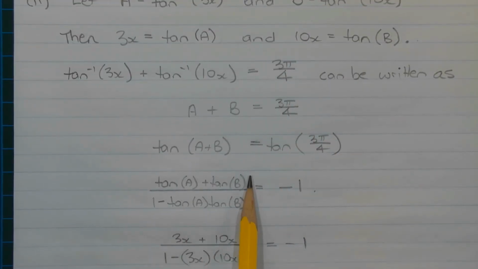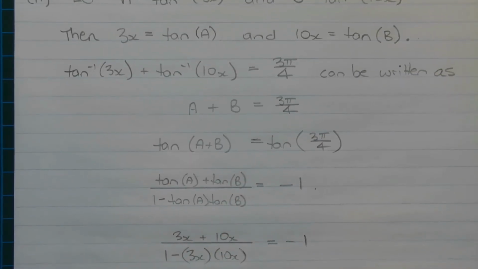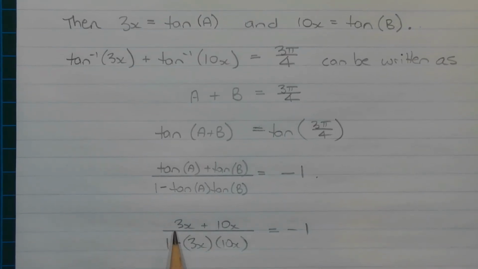So we can express the left-hand side of this equation in terms of x. So the equation becomes 3x plus 10x over 1 minus 3x times 10x is equal to negative 1.